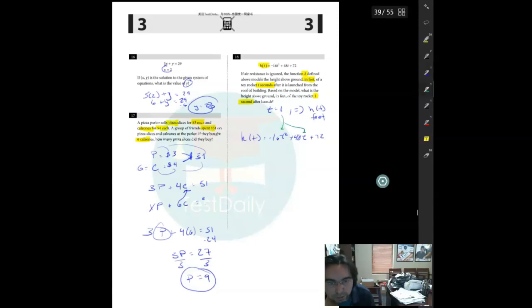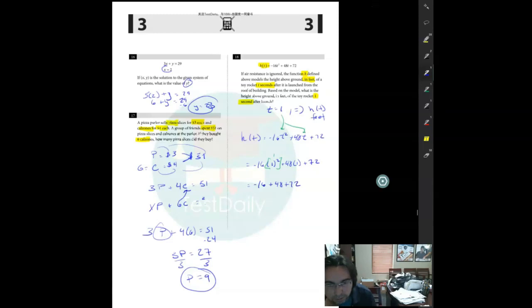As we solve, we have negative 16 times 1 squared plus 48 times 1 plus 72. That's just going to be 1, so it's going to give me negative 16 plus 48 plus 72.